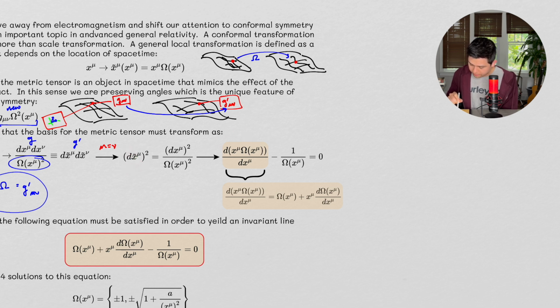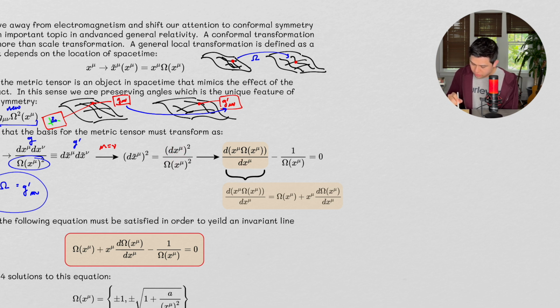Okay? So dx mu prime is going to be this right here, right? So the new coordinates is equal to x mu omega nu. And then we can divide both sides of the equation by dx mu, which is why we have this in the bottom.